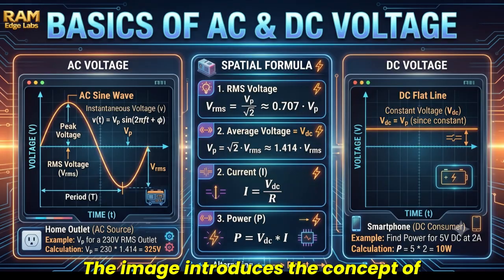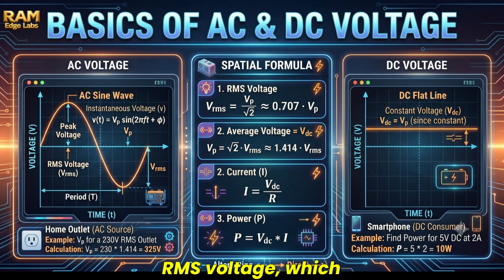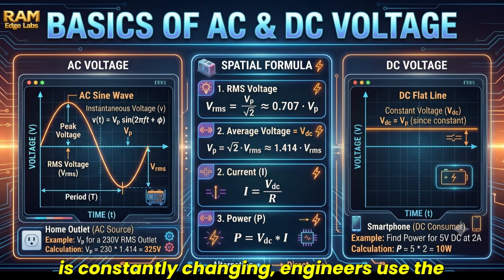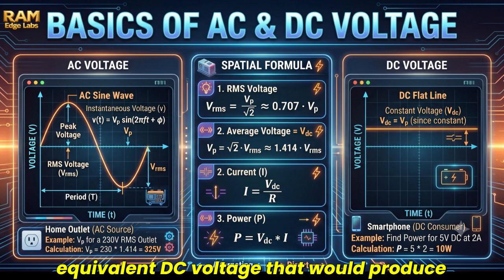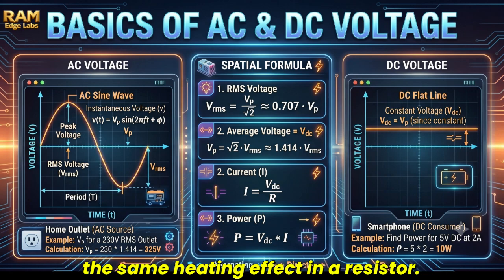The image introduces the concept of RMS (root mean square) voltage, which is the effective value of an AC voltage. Since AC voltage is constantly changing, engineers use the RMS value because it represents the equivalent DC voltage that would produce the same heating effect in a resistor.